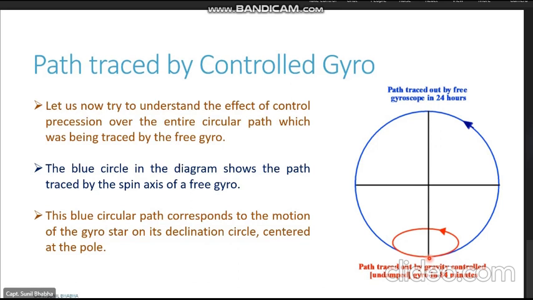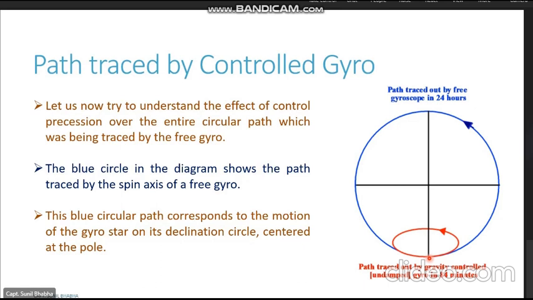It was only under the effect of two forces. These were tilting and drifting. Tilting was caused because of the change in altitude of the gyro star. Drifting was caused because of the change in azimuth of the gyro star.